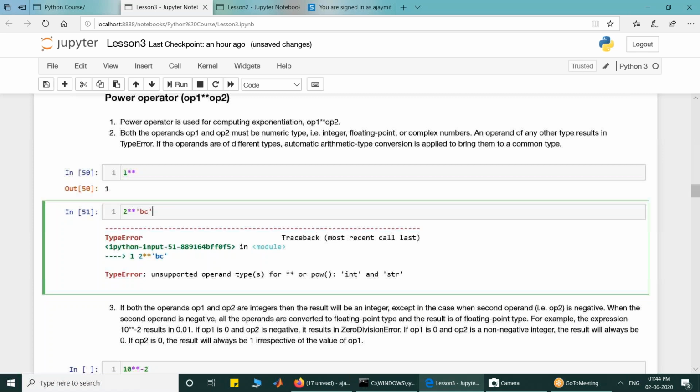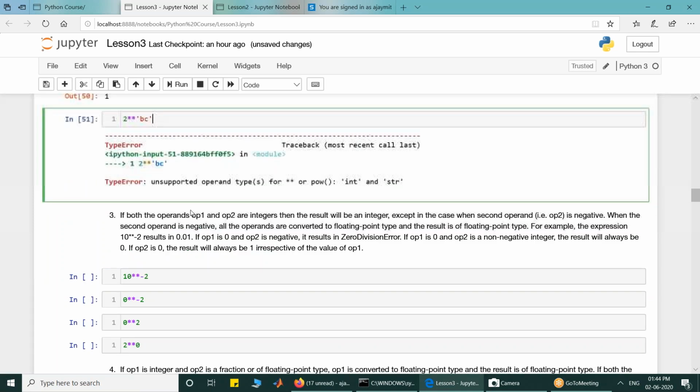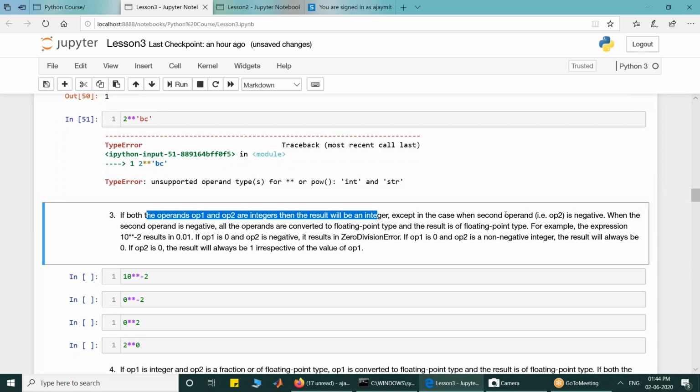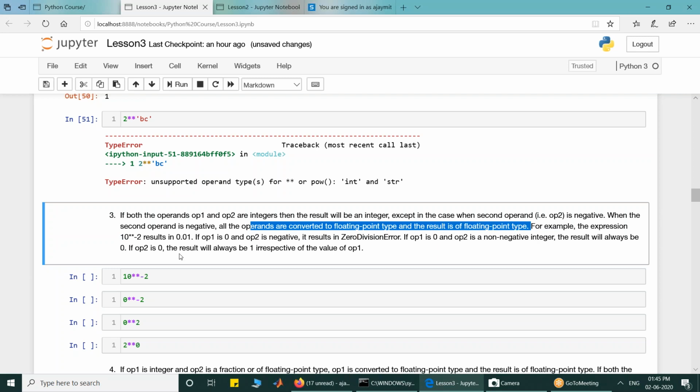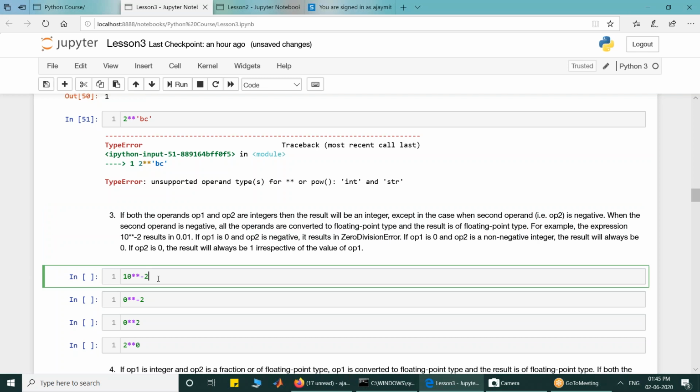The next rule is that if both the operands are integer, the result will be integer, except in the case when the second operand is negative. If the second operand is negative, all the operands are converted to floating point type, and the result will be of floating point type. Look at this.